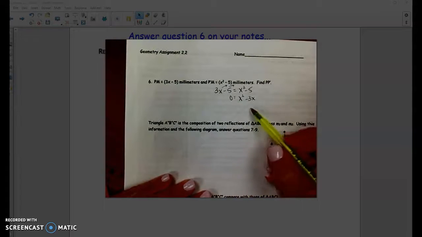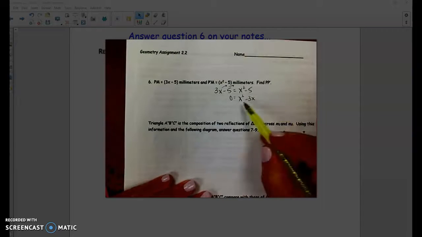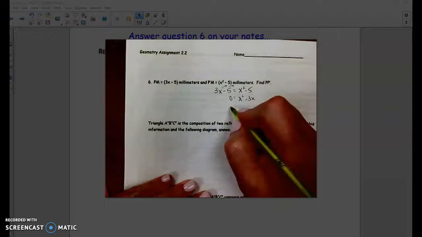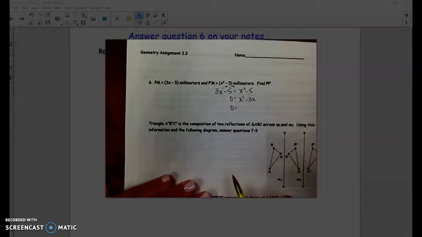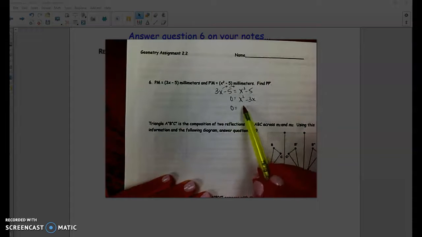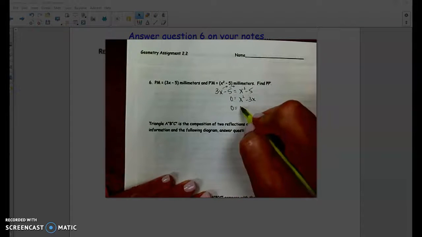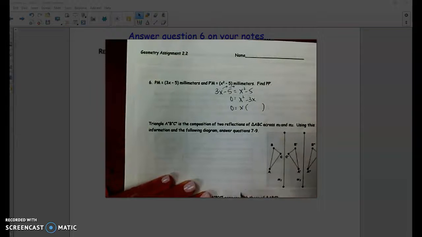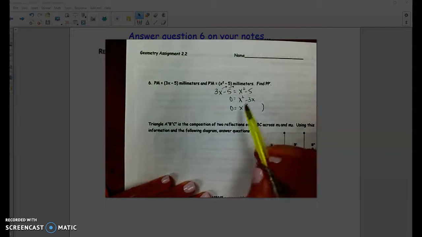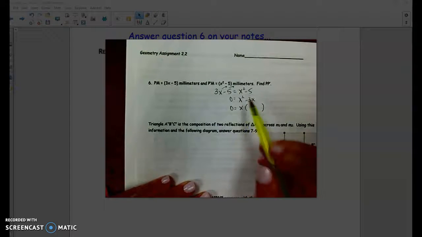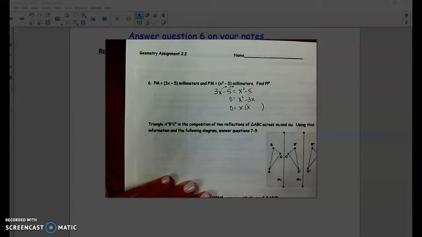Now to factor this, I'm not going to get 2 binomial factors because I don't have a trinomial here. I only have 2 terms. So to factor this, I'm just going to factor out what they have in common. So both of those terms have an x in common. That's what's going to go on the outside that I'm factoring. So x times what gives me x squared? Well, this has to be an x here. And x times what gives me negative 3x?